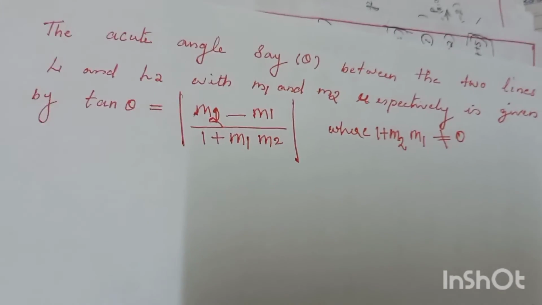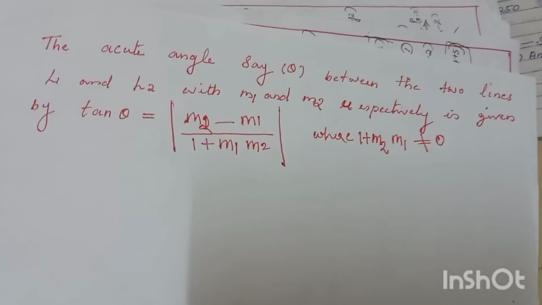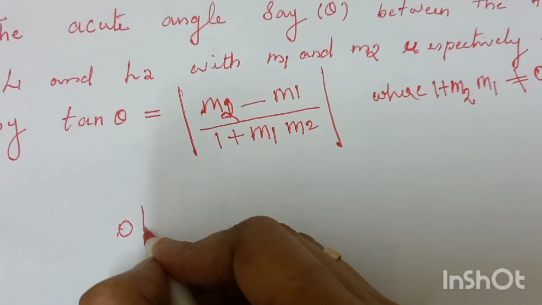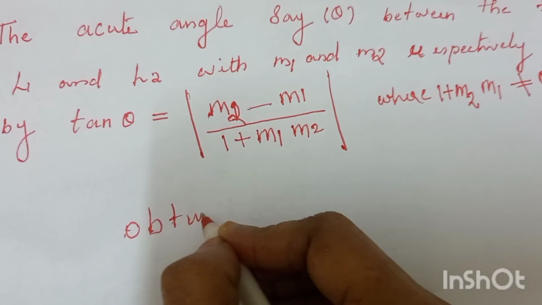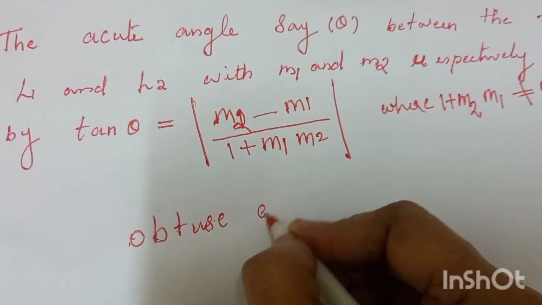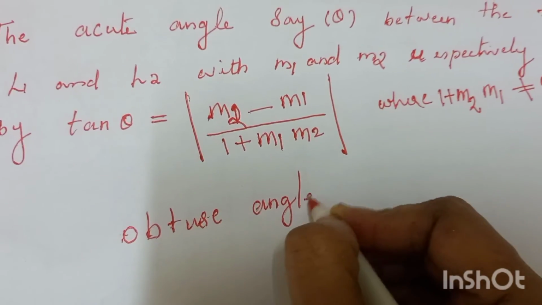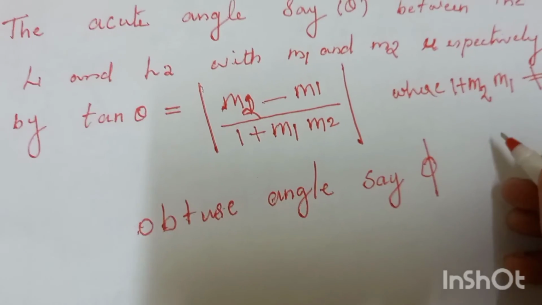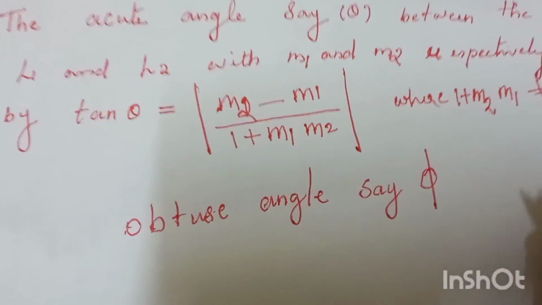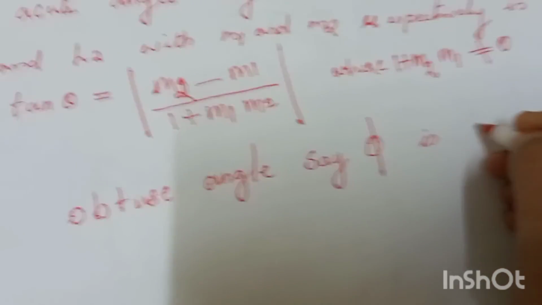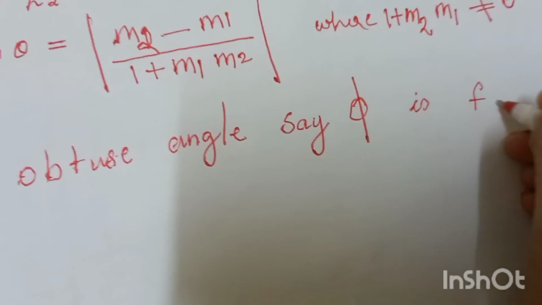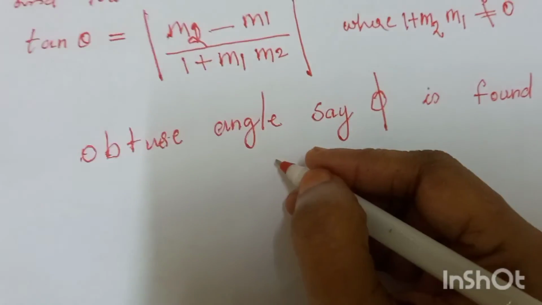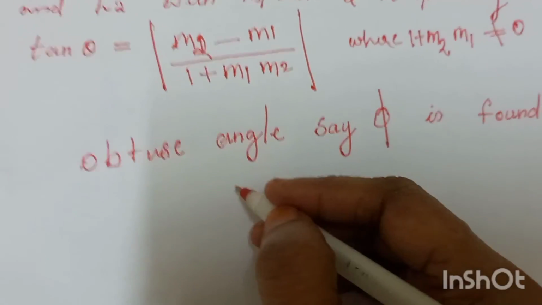What about tan phi? How will you find the obtuse angle, say phi?